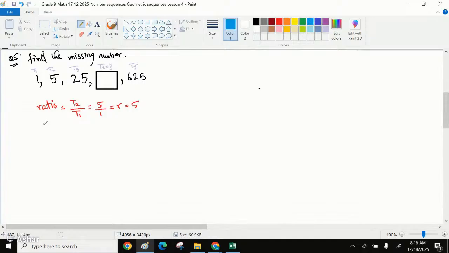Let's verify this ratio. If we divide term 3 by term 2, that is 25 divided by term number 2, what is term number 2? Term number 2 is 5. So we can still say that the ratio comes out to be 5. That means every term is 5 times its previous term.